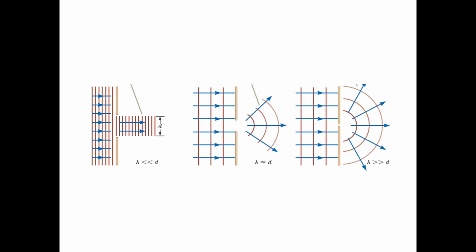So you can see that here we can neglect all these modifications of the wave shape after passing this large obstacle, and we consider it just as a straight line, the ray of light, which is propagating within the medium where it moves.